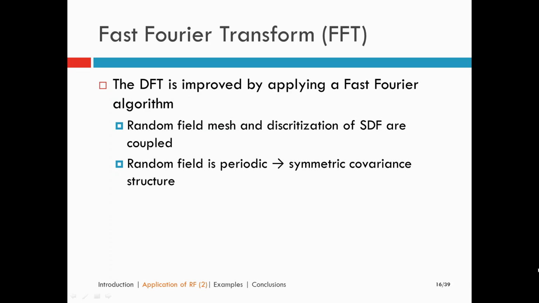Second thing is that the random field is periodic. So this results in a symmetric covariance structure, and this is solved by generating a random field which is twice as large and then only taking half of the random field. So you get the right covariance structure when you generate a random field.